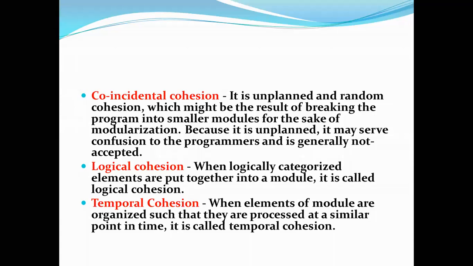They are picked up from here and there and placed in one module called M1. Because it is unplanned, it may confuse the programmer and is generally not accepted. So putting together components in a module that have no specific relation with each other is called coincidental cohesion.